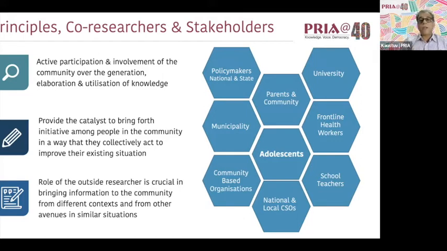Of course, the university was our research partner, but we also engaged the frontline health workers and school teachers, who have an influence on the adolescents' choices.